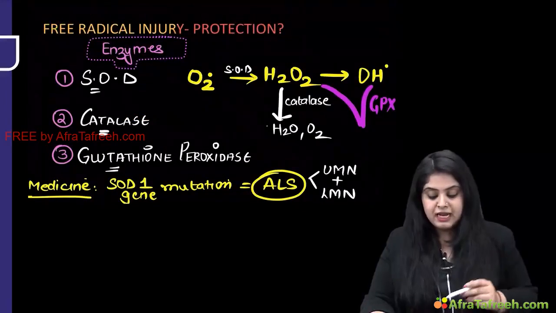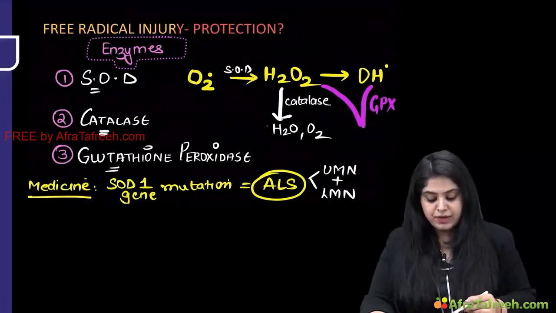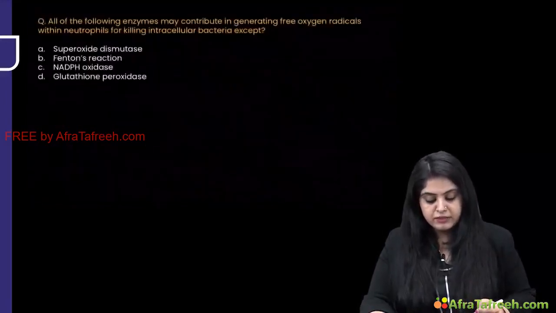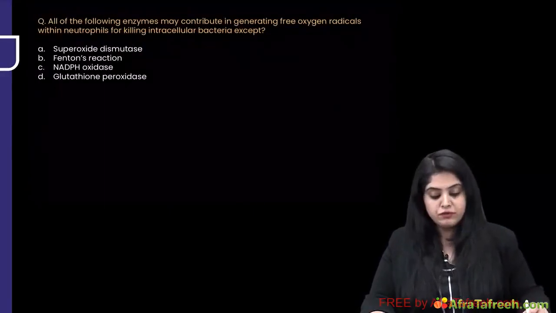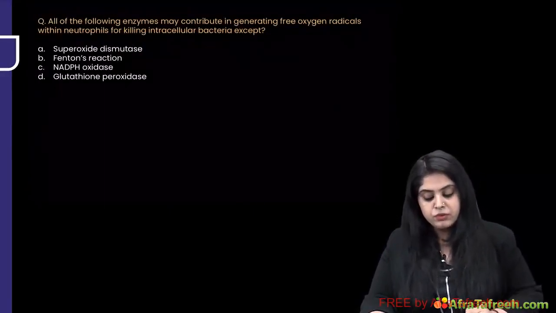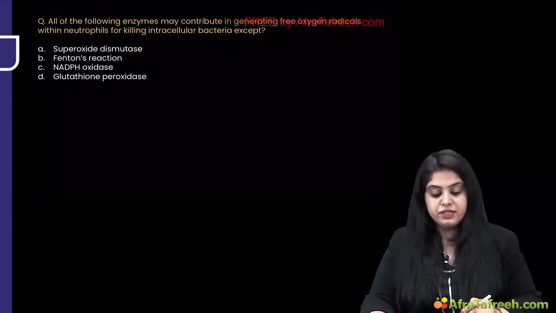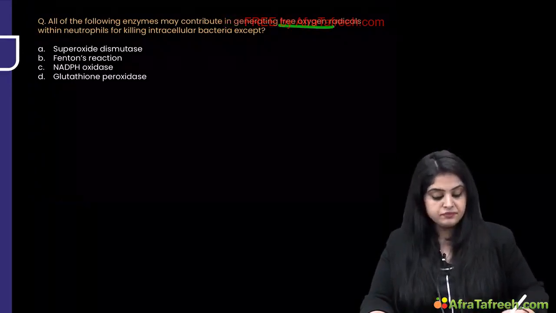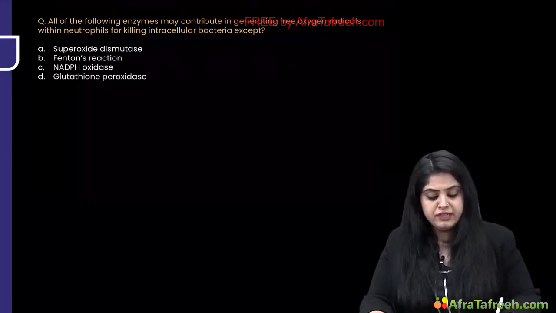So with that, guys, I want all of you to finish off this chapter on this note and quickly give me the answer to this question. All of the following enzymes may contribute in generating free oxygen radicals within neutrophils for killing the bacteria, except. So, does superoxide dismutase make?